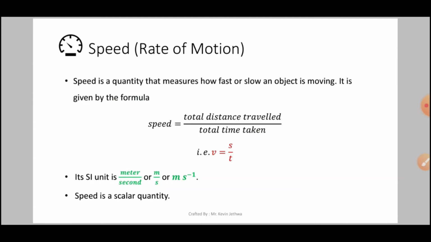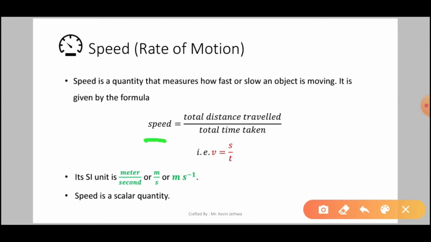For example, if a car is going through the city, its speed will be less, obviously due to traffic. But when the car hits the highway, its speed will be more. So taking into consideration the variation in the speed, we will always take the speed as an average speed.